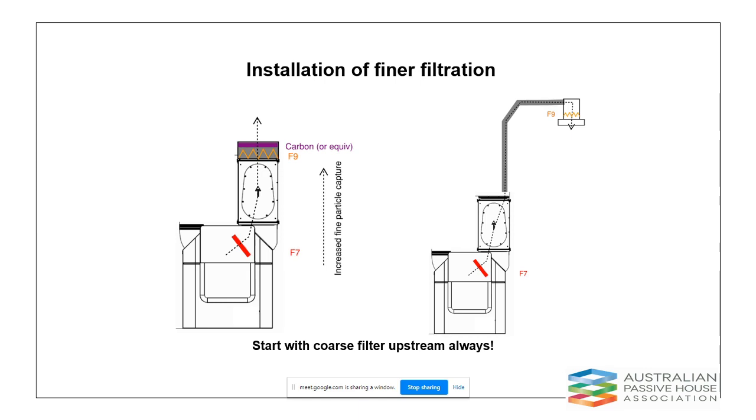To my knowledge, HEPA as a standard addition to HRV systems is not really available. It would be a bit of a bespoke addition. On the right-hand side diagram, the difference is that rather than getting the F9 filter at the manifold or back at the unit level, we've got it out at the supply grill level.